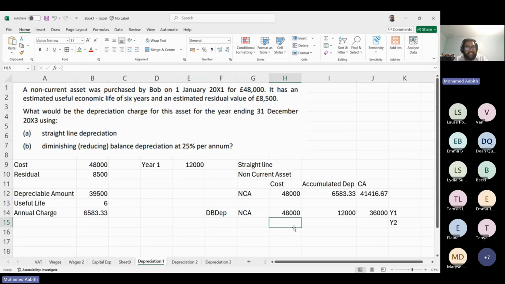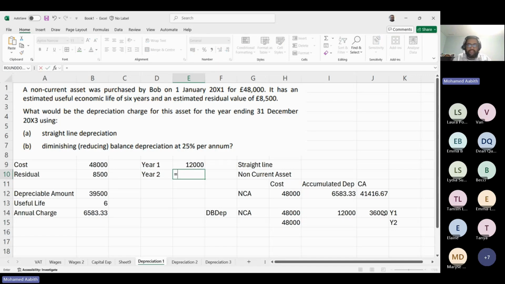What is my NCA? It's still the same. But the depreciation I'm going to charge in the second year is going to be on this amount, the carrying amount, because it depreciates less. On the first year you charge more depreciation, and in the following years your depreciation comes down.